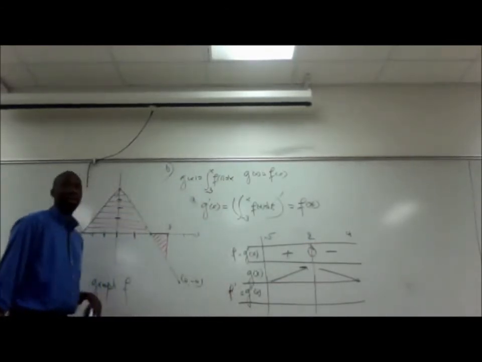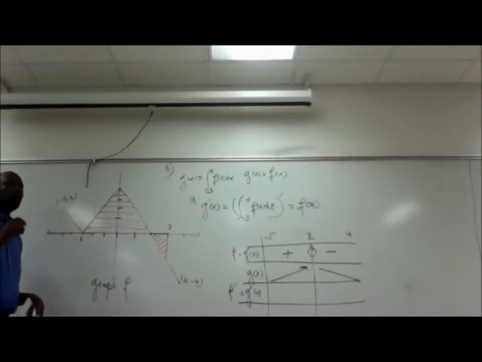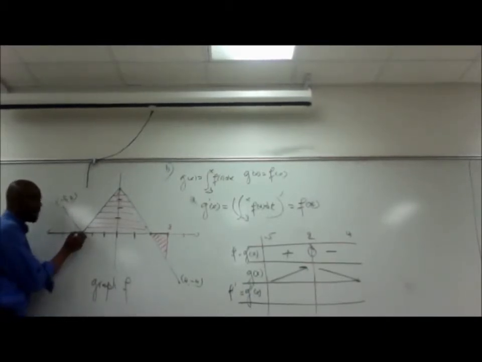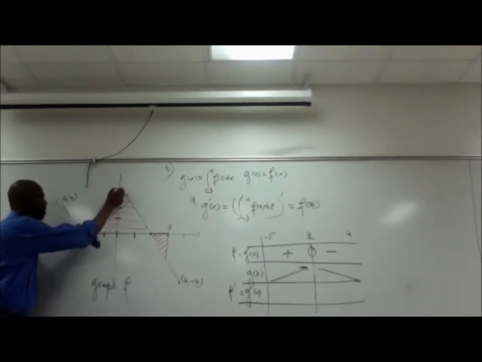When you're looking at f prime, you're looking only at the maximum and the minimum of f, which is here and here.